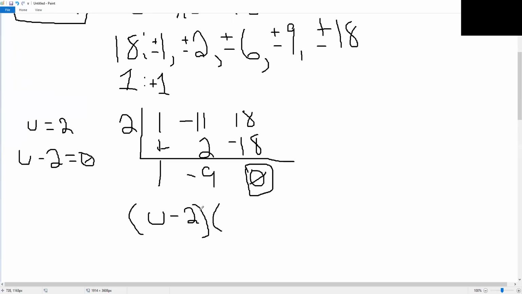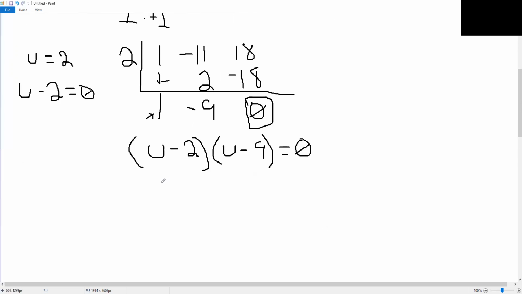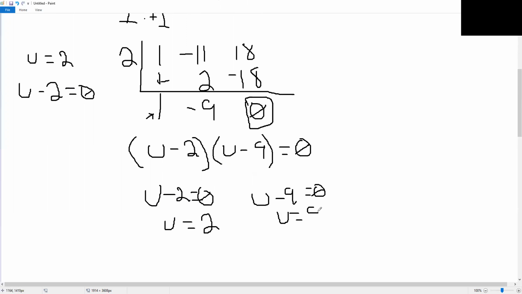And then we could use this for our coefficient, which is just u, and then this is our constant, minus 9. So we've solved this. Now, we'll set it to 0. Now we can say that u minus 2 equals 0, and then u minus 9 equals 0. And this is u equals 2. This is u equals 9.